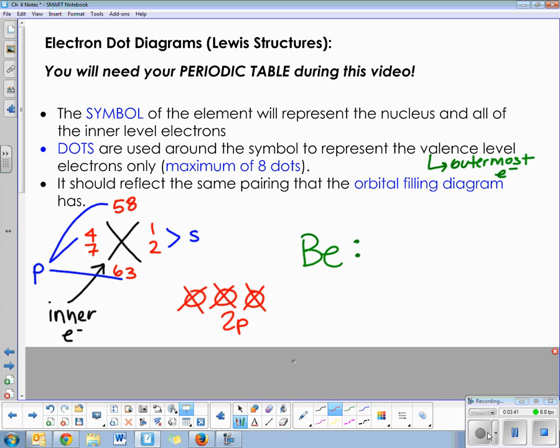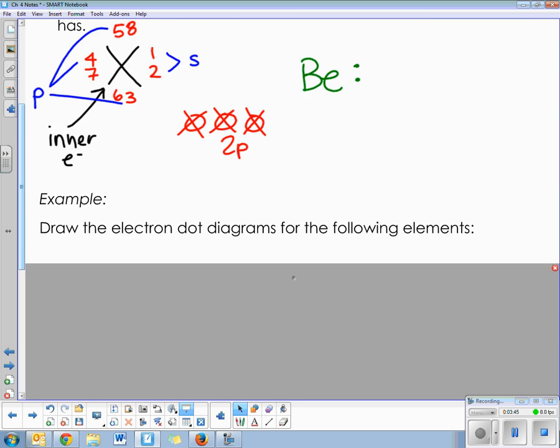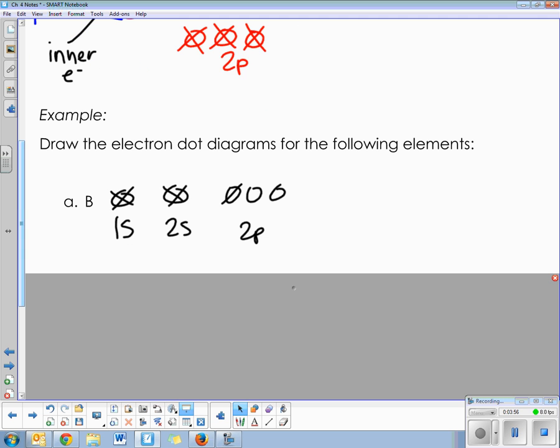Okay, so let me show you some examples with some actual elements. These elements are exactly the same as the ones in the last video. If you look up at the top of your page where it says example, draw the orbital filling diagrams, you have these same elements. I just copied it down here. You should have this for boron already written on the top of your page. First, we need to figure out where our highest energy level is. Remember, the energy level is this first number, so we've got 1 and then 2. 2 is the highest value.